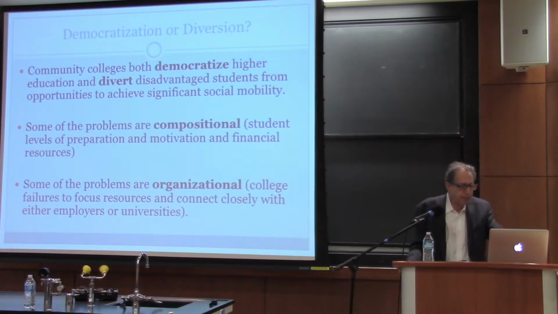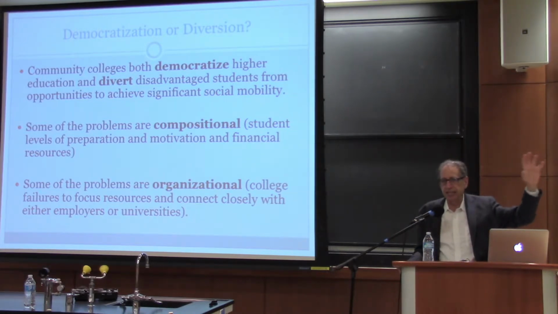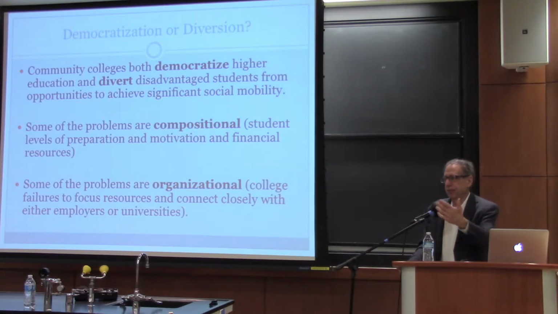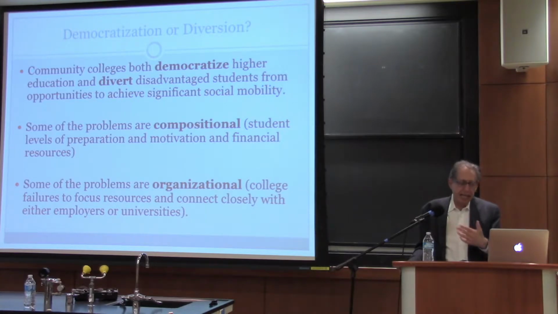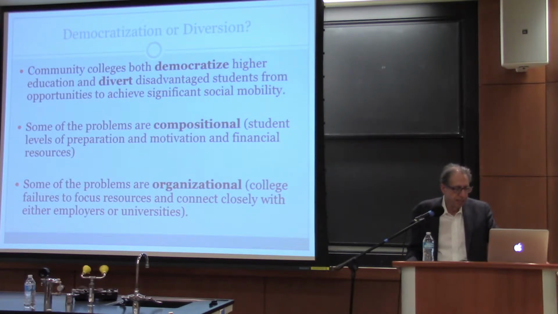But some of the issues, and why diversion was for us the primary consequence, was because you had a lot of students coming in who were less prepared, who didn't have as much money, and so there were compositional reasons why either dropping out or finishing with an occupational associate's degree would have been favored, and some of them were organizational problems.